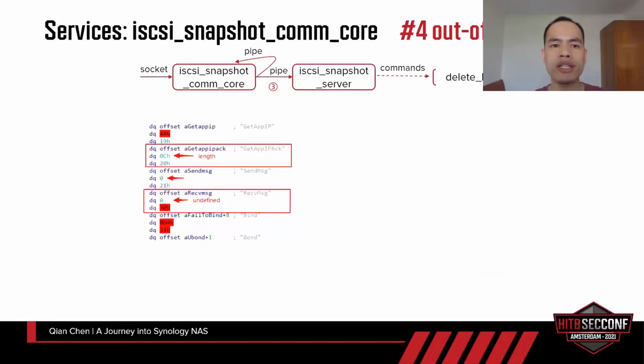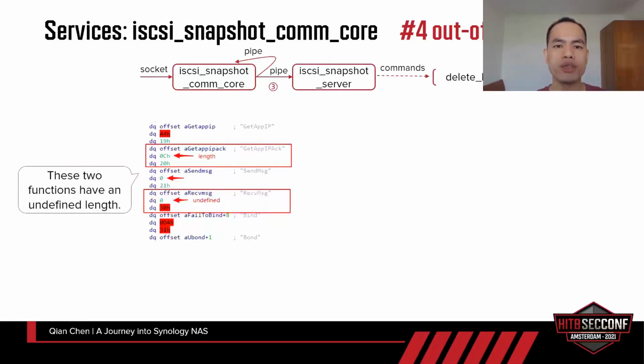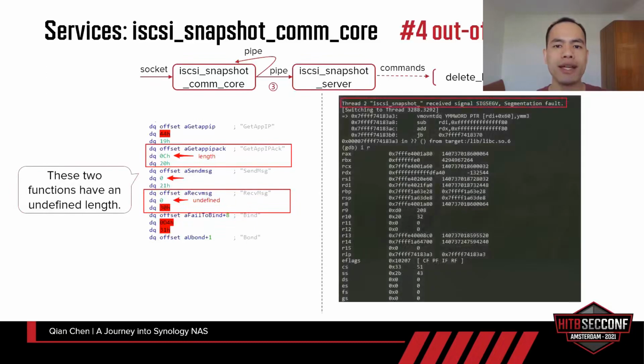According to this inner structure, all other functions have a predefined length value. Only these two functions don't, which leads to this issue. Again, here is a snapshot of the crash. By the way, it seems that the vendor didn't fix this vulnerability after I reported it at Pwn2Own Tokyo 2020.